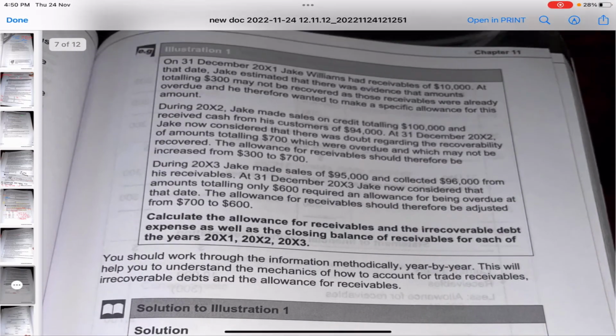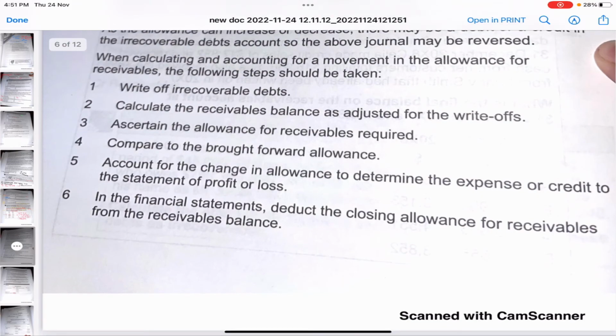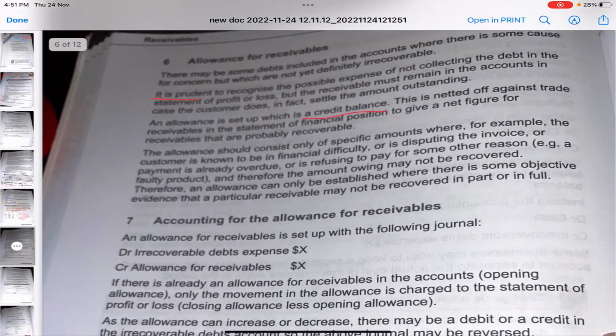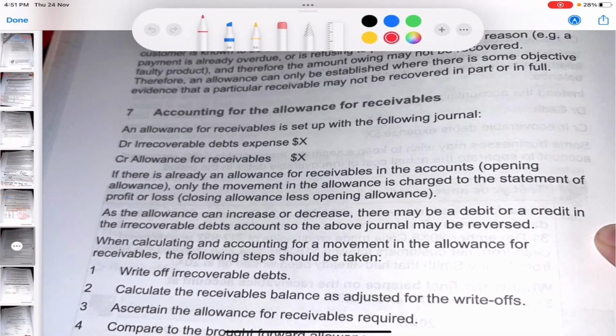That is because allowance is a provision. So provisions are a liability to the business, and so the balance would be credit. Okay. So whenever an allowance is created or we use an allowance for a bad debt, what is the journal entry? Debit irrecoverable debt expense, because it is an expense, so it is debited, and we are going to credit the allowance for receivables.